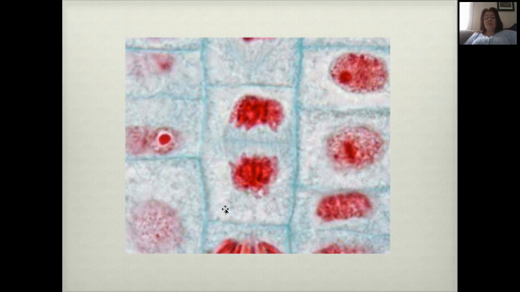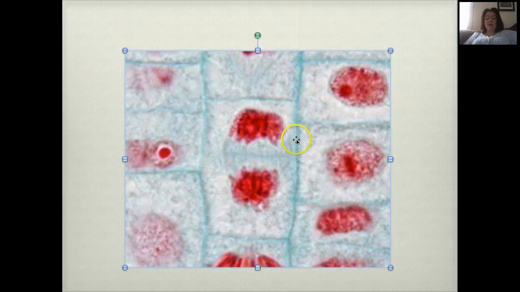Telophase is hard to find under the microscope, and it may be one that we're searching for on Thursday. But I think you can make out that this is one cell. I can trace around the cell wall here pretty easily, and I can see two groups of chromosomes in here.